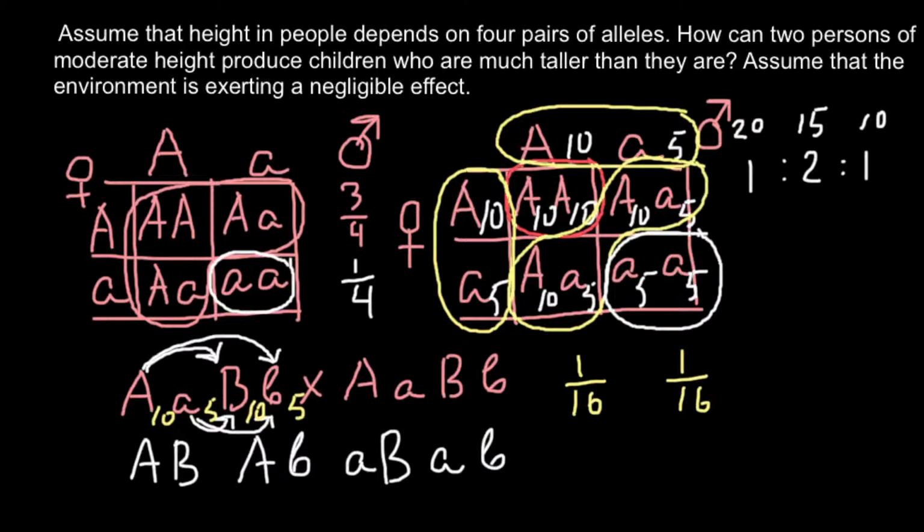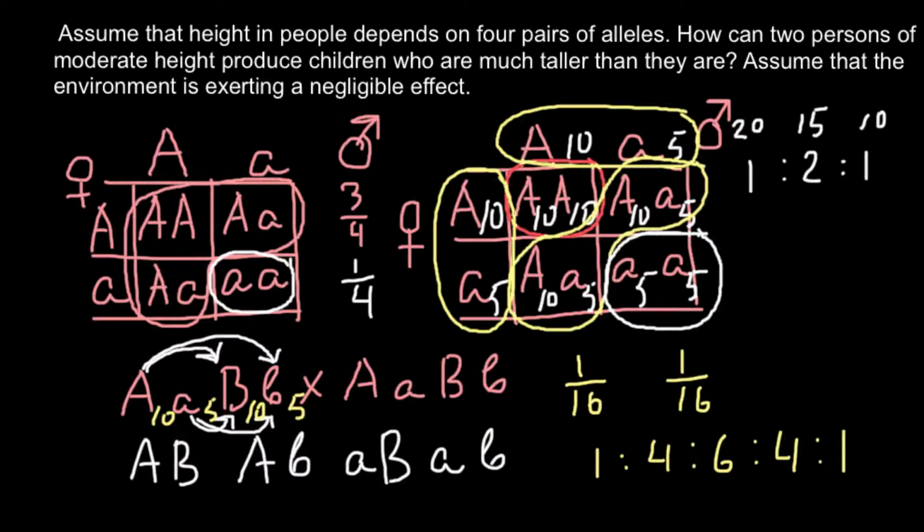And the rest would be different intermediate genotypes, in a 1 to 4 to 6 to 4 to 1 ratio of the different phenotypes here. And of course, with 4 genes or 8 different alleles possible, this is going to be a square with 64 cells.